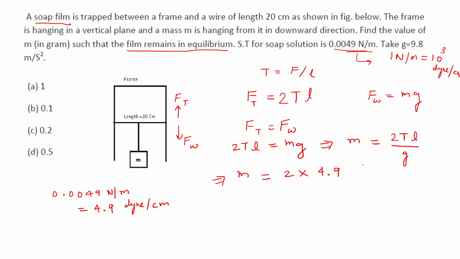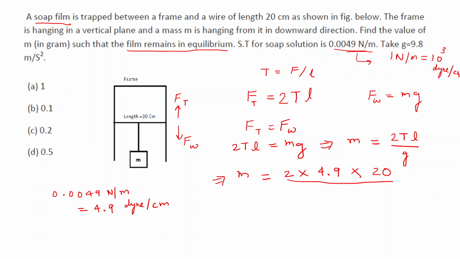I'm converting everything into CGS unit because the final answer is also in grams, right? That means it's in CGS. So 2 times 4.9 times the length. Here is the length of the wire on which this tension is acting, which is 20 centimeter. So it's fine, it's already in centimeter, divided by the acceleration due to gravity. Okay, this is also in meter per second square. I need to change it into centimeter per second square.